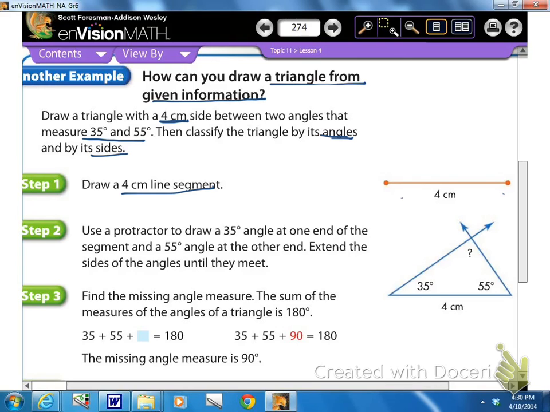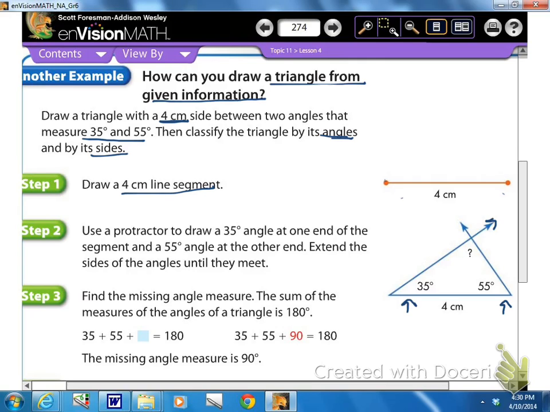Then you're going to use your protractor like you've been taught to do, placing the center over that little dot, to draw your 35 degree angle at one end, here, and just extend that line. See how it's extended here? We don't have to have it exact. And then use the protractor to draw that 55 degree angle, extend the line, and you'll see where they meet.